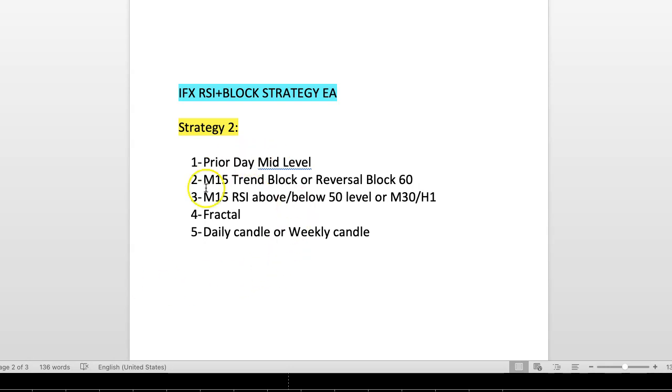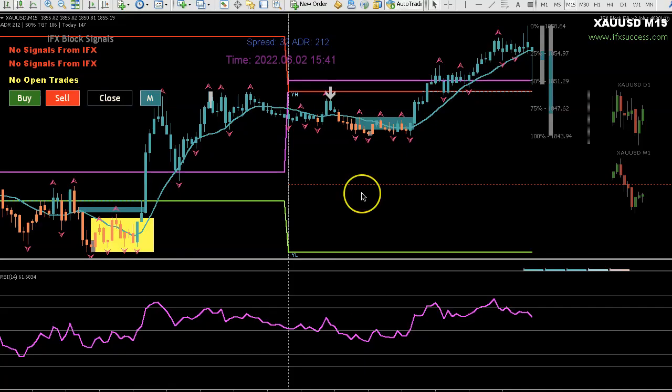This is very simple. The only thing that we're changing here is the prior day mid-level, which we talked about many times. What is the prior day mid-level? Not to confuse you, the red line is yesterday's high, the green one is yesterday's low, and the magenta line is my mid-level. If this is today and this is yesterday, this is the prior day mid-level, okay?